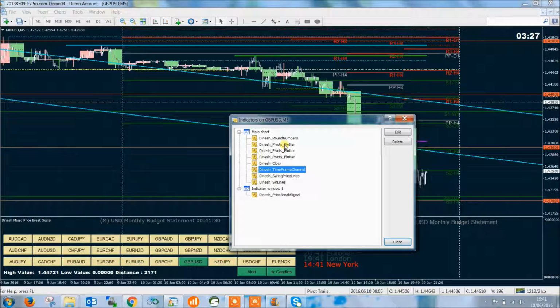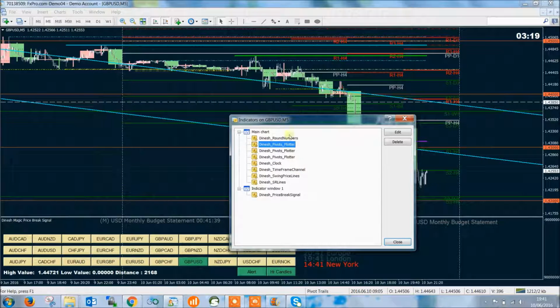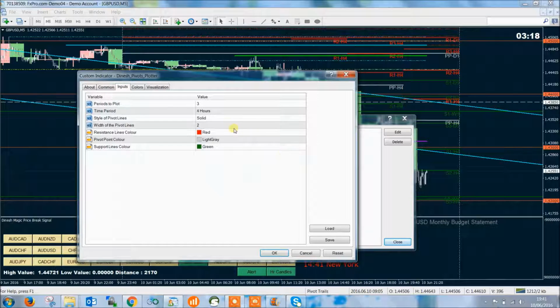This is also explained in the channel, but make sure that we have weekly pivot, and we have 4 hours pivot with 3 periods, which is more than enough. And again, solid is the style, however you want to have the style of the pivot line.